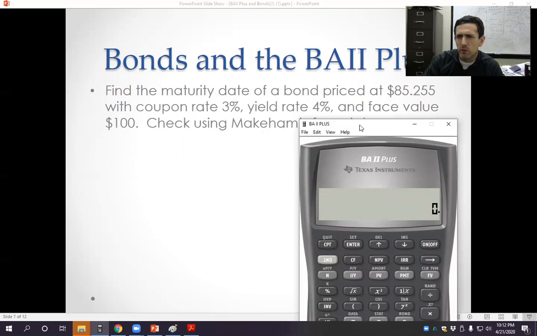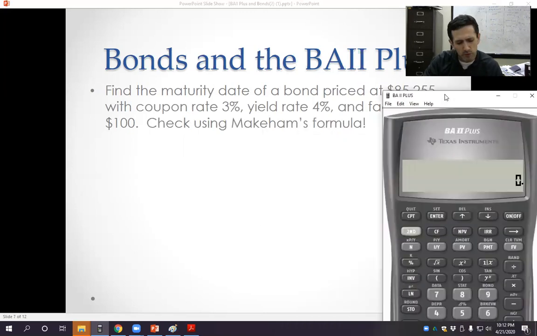And I also want to check using Makeham's formula, for the reason that you're going to have to find a maturity date and you're not really going to be able to enter it into the calculator so simply. So you're going to use Makeham's formula on that problem.